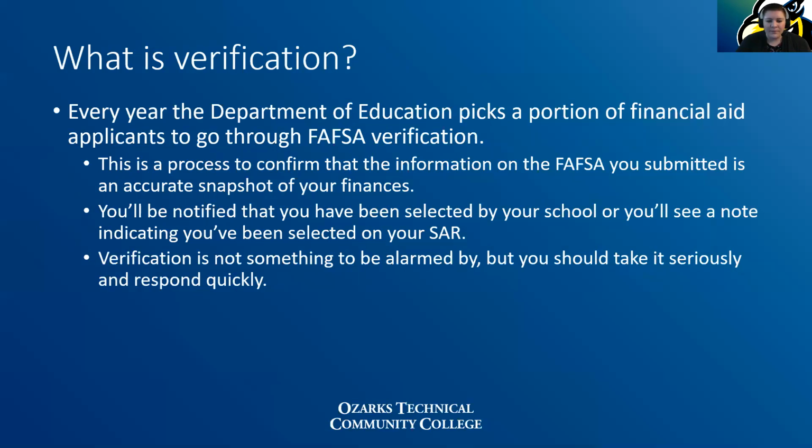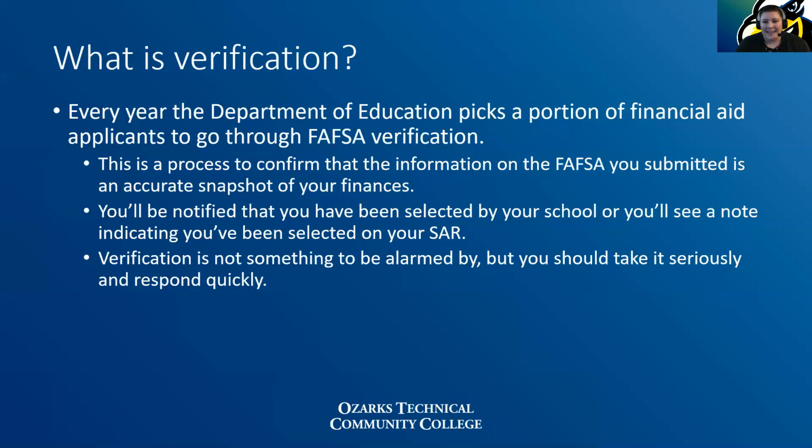So verification itself is when the Department of Education picks a portion of financial aid applicants to go through this process, and it's to confirm that the information you entered on the FAFSA is accurate and is an accurate picture of your finances. You'll be notified that you've been selected by your school, and you'll see a note indicating you've been selected on your SAR.